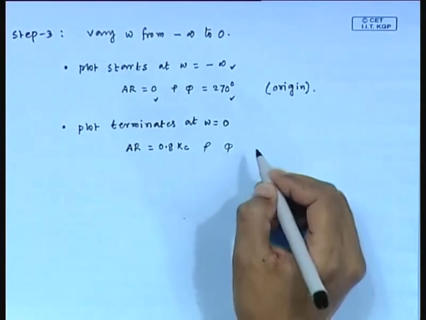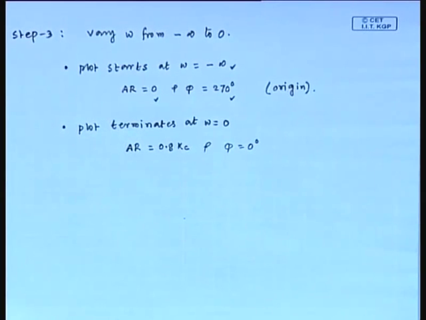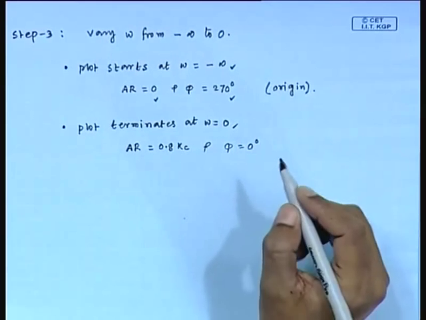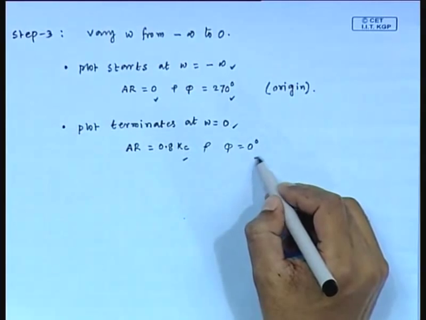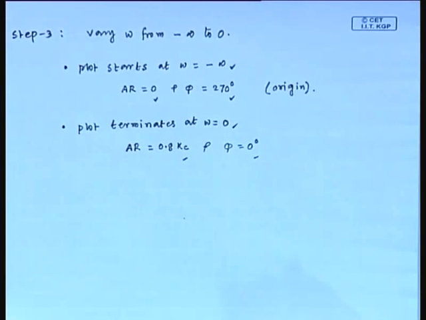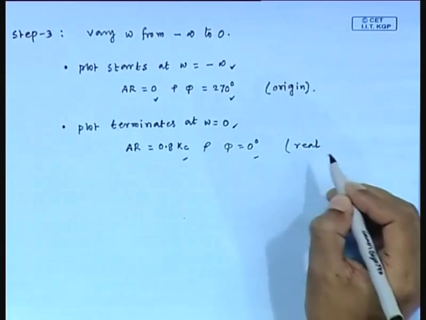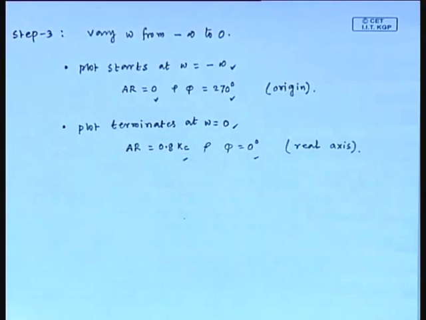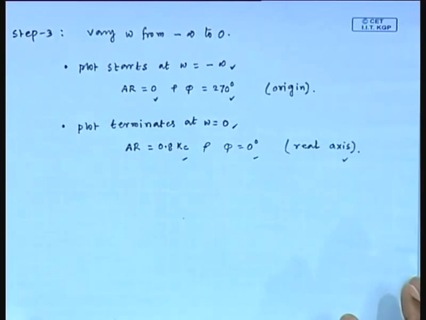What about phi? 0 degree. So, when omega equal to 0, we obtain amplitude ratio as 0.8 Kc and phi 0 degree. So, what about the location? On the real axis. Fine. The location of the end point should be on the real axis.